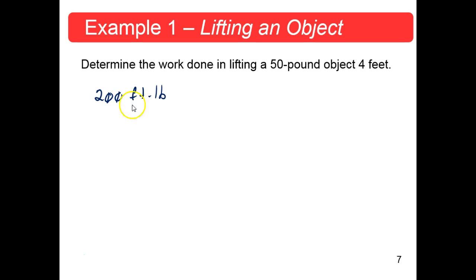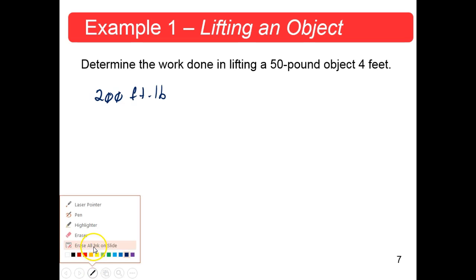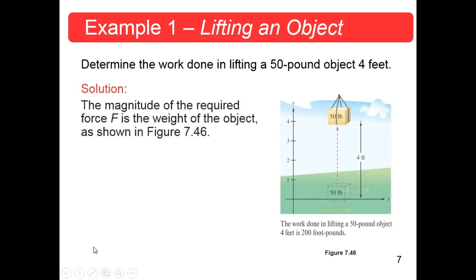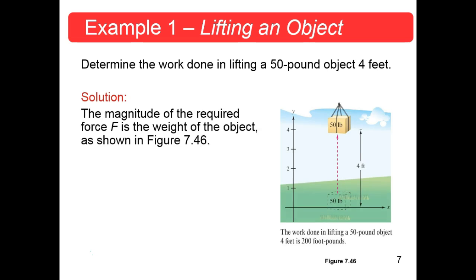Okay? So I think that's all. They may go through a lot more mess to get there, but let's see how they do it. Oh, they draw a picture. I didn't do that. I did move my hands around. The magnitude required, the force to lift the weight of the object, that's what we're looking for, its magnitude, from the ground level to 4 feet high, 50 pounds, that's simply 200 foot-pounds.